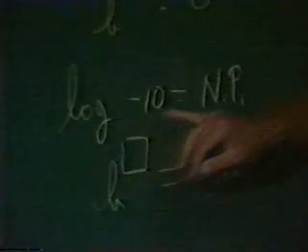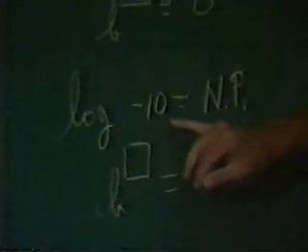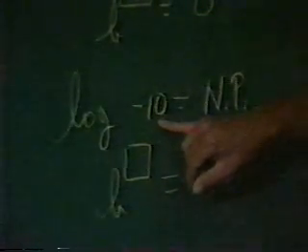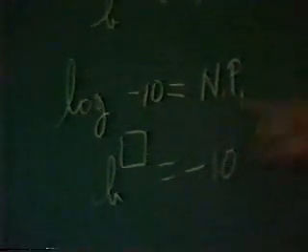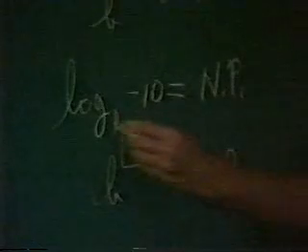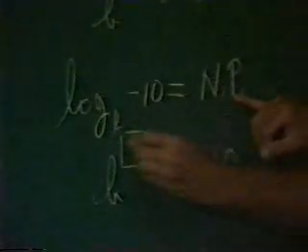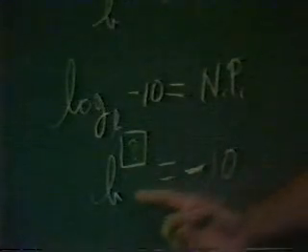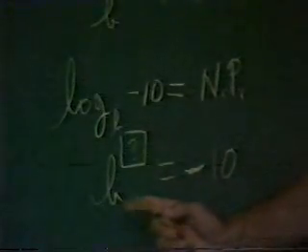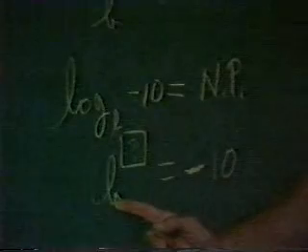The log of minus 10. The log of a minus number is not possible. Again, why? If we have a base raised to what power is equal to a minus number? Well, I just got through saying that in this course and most other courses you deal with, that base is a positive number.